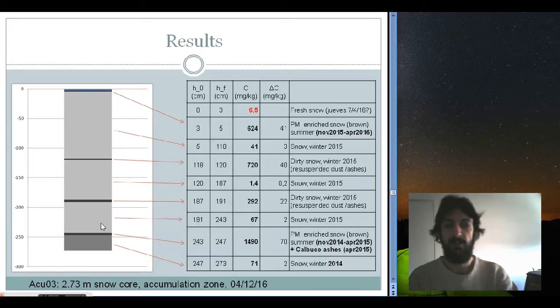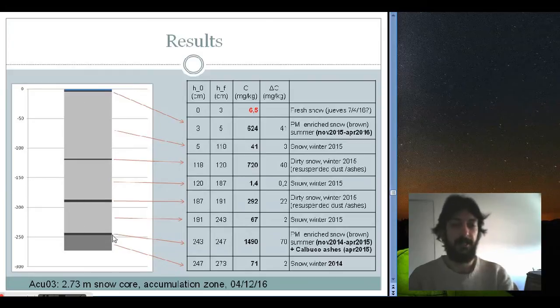Then you have snow accumulated during the winter, with variability of snow concentration that is not homogeneous, so we sample different parts of the concentrated snow. Between those nodes we have concentrated snow corresponding to summer, PM-rich snow corresponding to the summer, right?